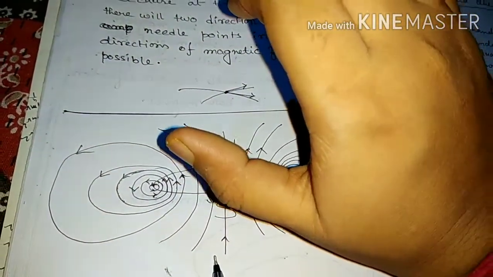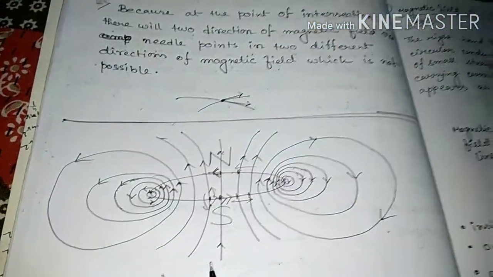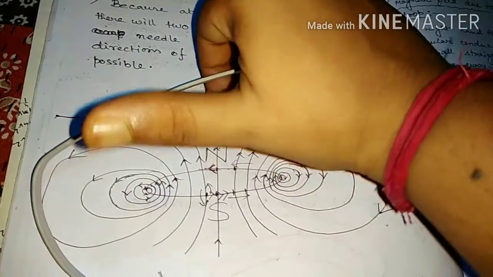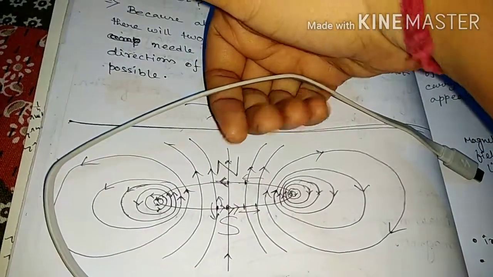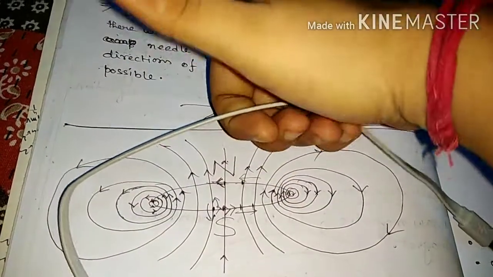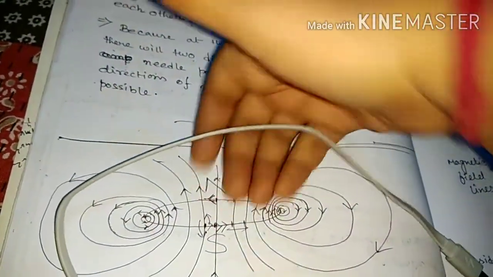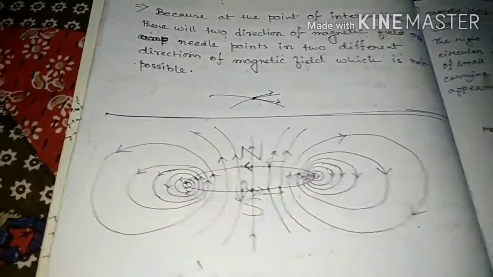If the wire is like this and the current is flowing this way, then outside the loop the field is inward, and inside the loop it is outward. So outside the loop the magnetic field is inward, inside the loop it is upward.